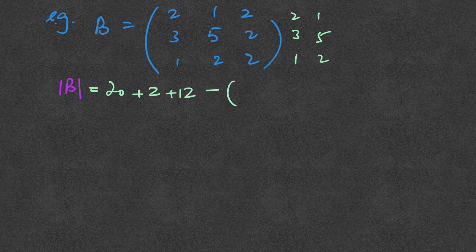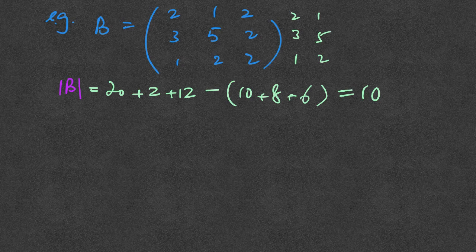Minus 1, 5, 2 is a 10. 2, 2, 2 is an 8. 2, 3, 1 is a 6. I better use a calculator just in case I carelessly make a mistake. Right? But I get the answer already while I'm taking a calculator. Okay, which is a 10.